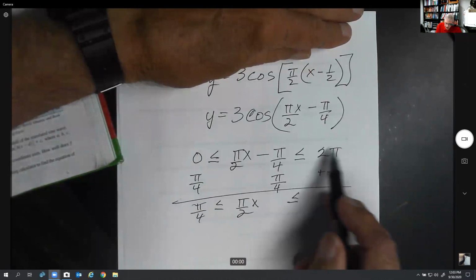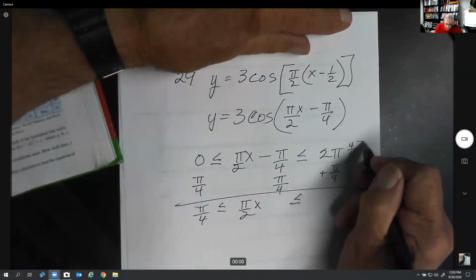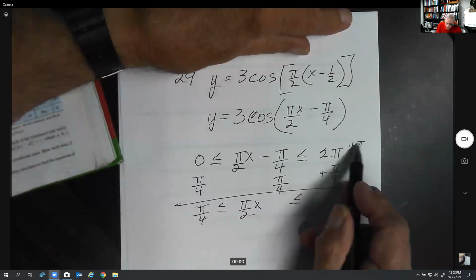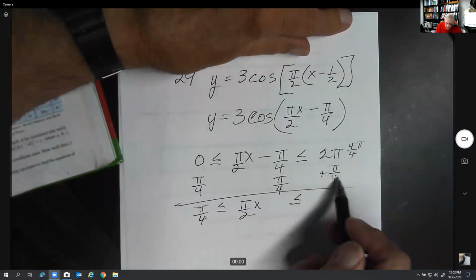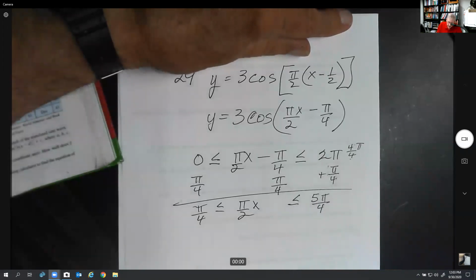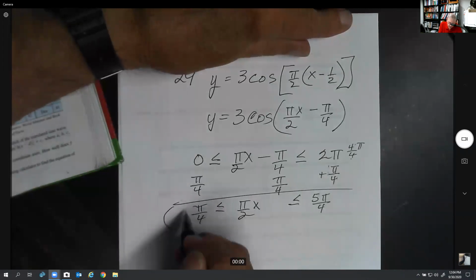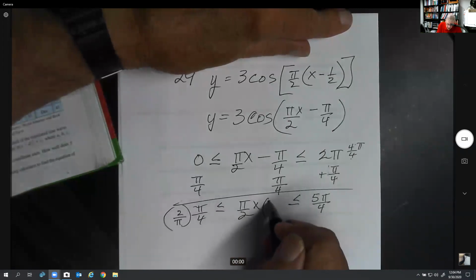Now that's a little harder to add, so change this to fourths. 4 fourths plus 1/4 is 5 pi over 4. Now you want to get rid of the pi over 2. So you're going to multiply everything by 2 over pi. You can even jot it down.